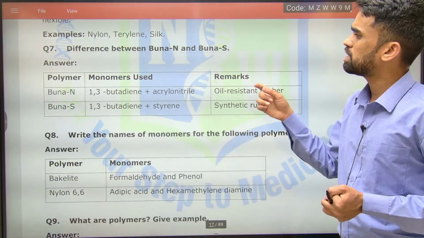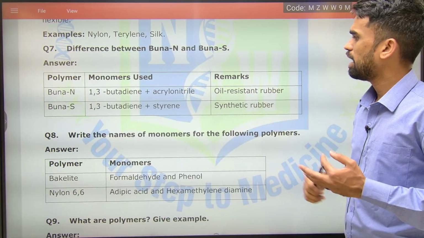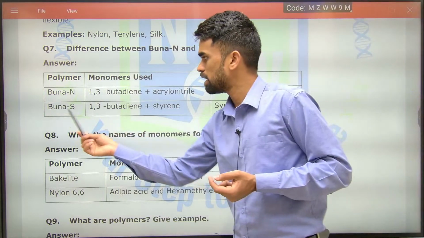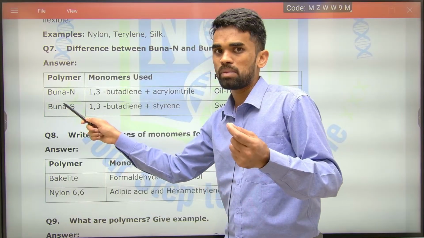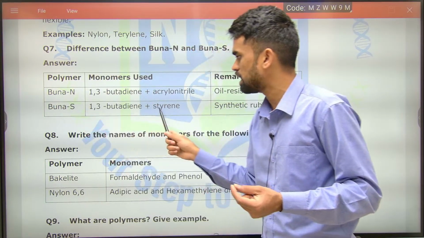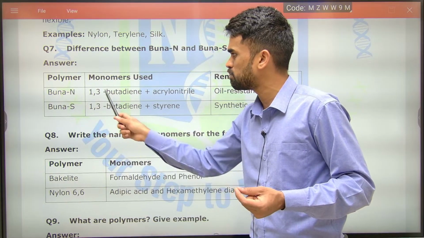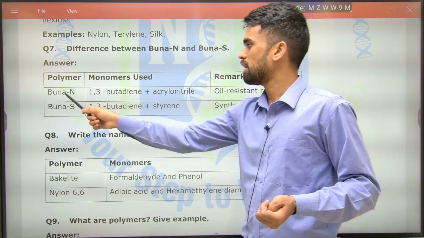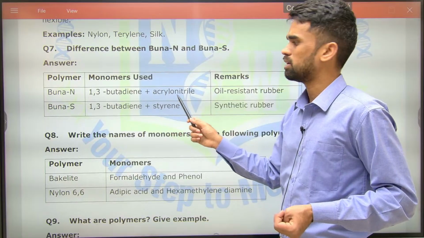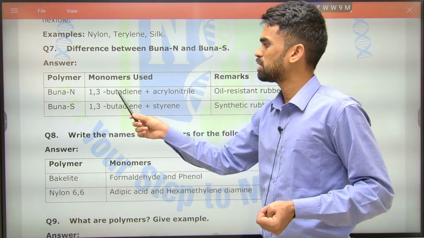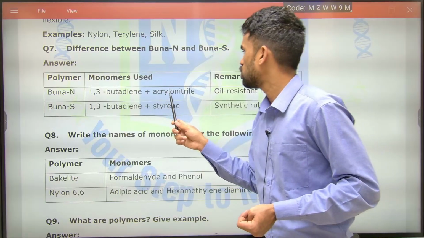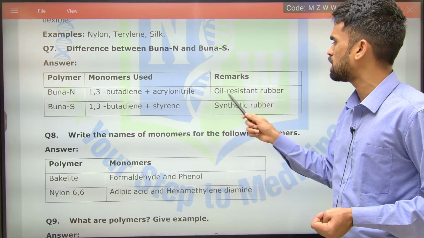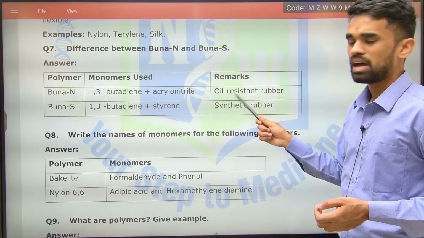Next, what is the difference between Buna N and Buna S? Both contain 1,3 butadiene, but in Buna S, the S stands for styrene, and in Buna N, the N stands for acrylonitrile. The polymer of 1,3 butadiene plus acrylonitrile is called Buna N, which is an oil resistant rubber.